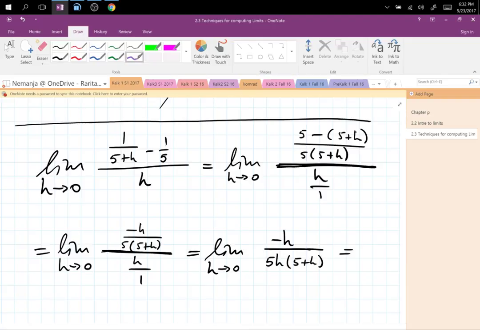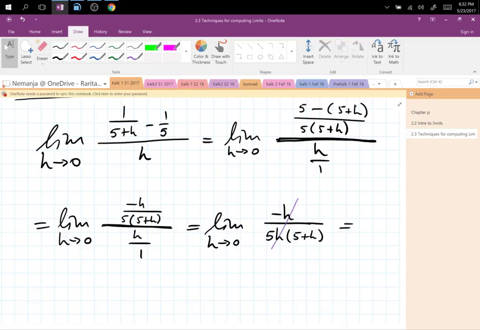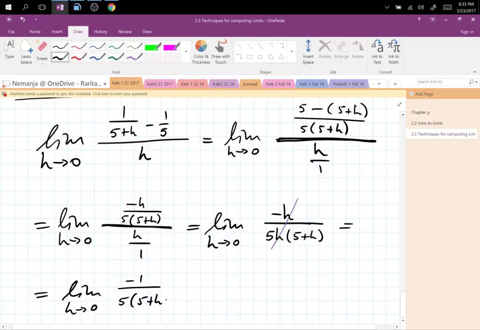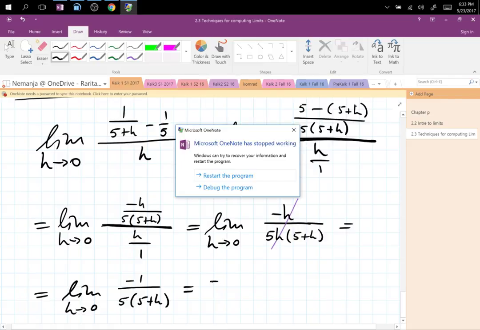And this is where h drops. That's what we were after, because we had that 0 in the denominator. That was a problem. So now what I have is simple. When you plug in 0, we get negative 1 over 25.